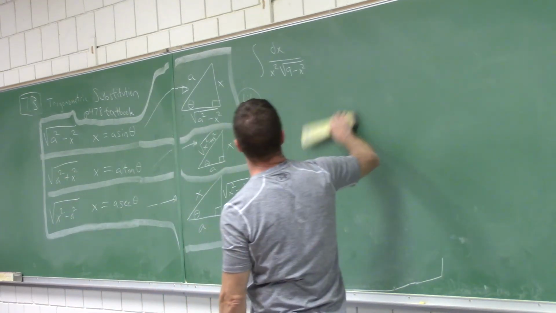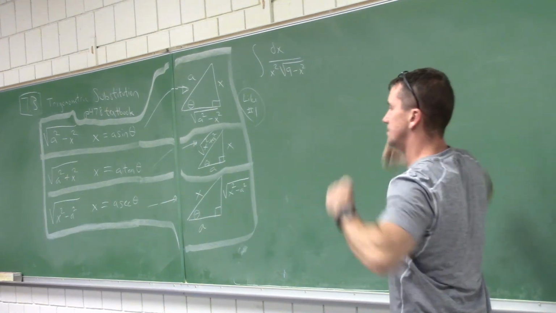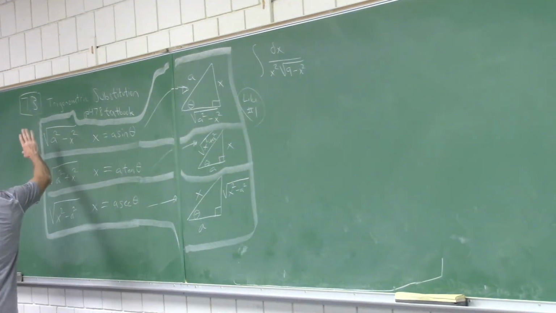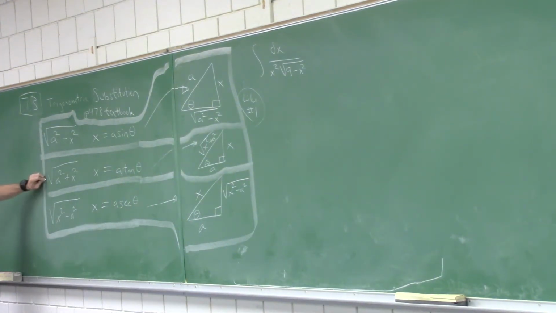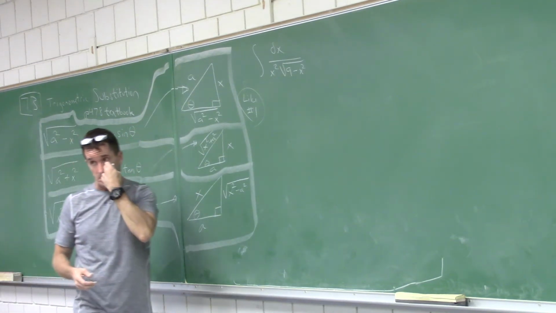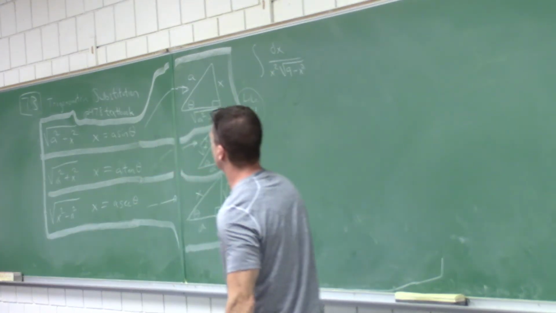All right, so this is like number 1. Can you recognize which scenario it is? Man, you're good. As long as we're familiar with these three situations, when we see that radical expression in the integral, we'll know exactly which one to use.